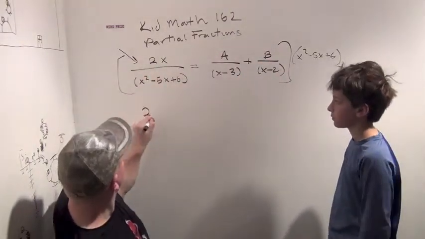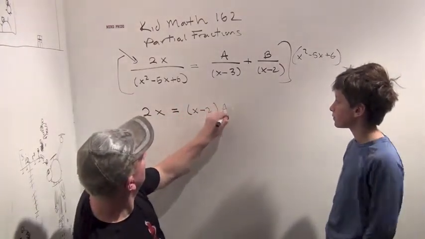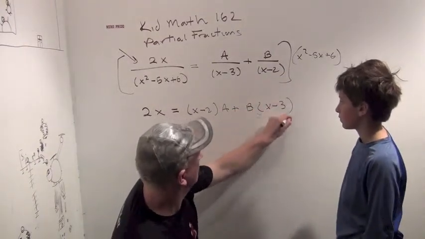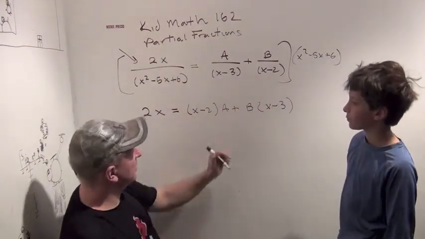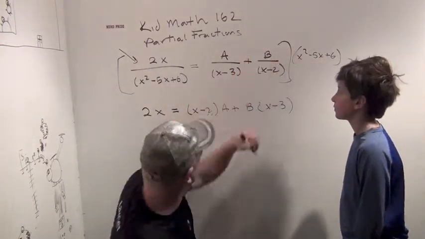So we're going to get 2x equals x minus 2 times a plus b times x minus 3. Do you see that? Yeah. Okay, and that's because this is x minus 2 times x minus 3, so I can do some canceling.